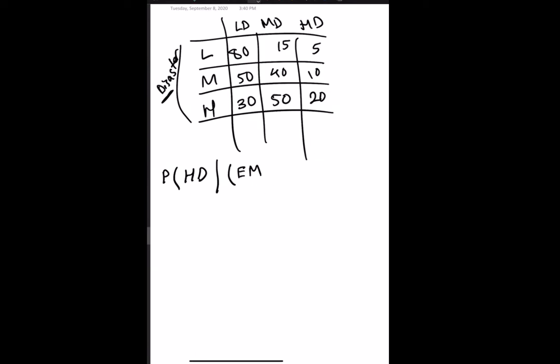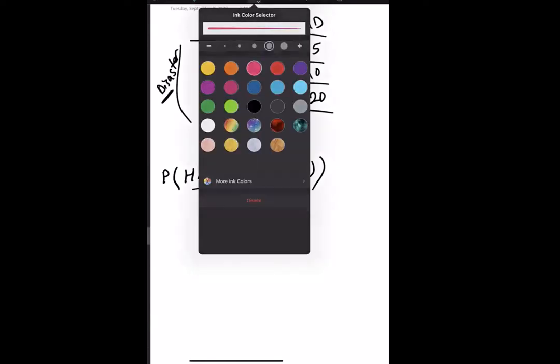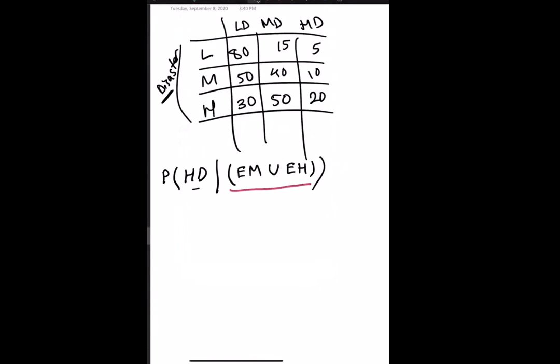Given that the earthquake is moderate or high. Earthquake is high. Okay. Probability that the high level of debris is in the road, given that the earthquake is moderate or high. So this is important. We never had anything like this condition on this.